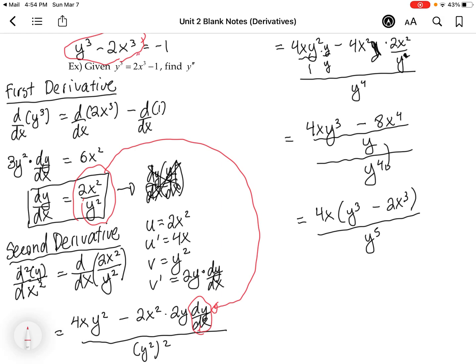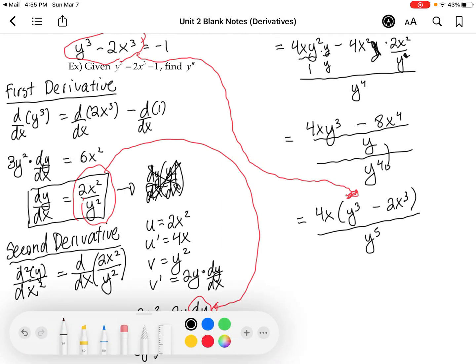And what you can see here is that one factor is 4x and the other factor is y cubed minus 2x cubed. So because that's equal to -1 in the original relation, I can actually now go back and replace that with the -1 in my second derivative. So that's what I'm going to do next, and that will simplify things quite a bit.